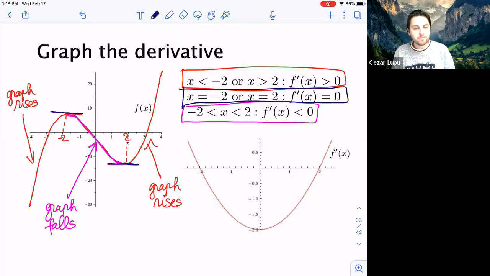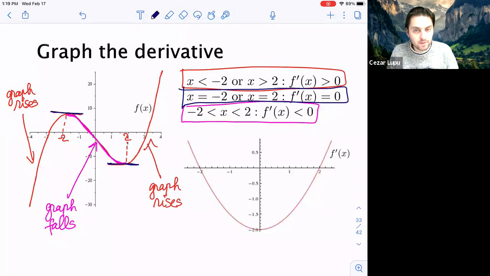So on the interval from -infinity to -2, the derivative is positive. Then between -2 and 2, the derivative is negative, and starting from 2 all the way up to infinity, it is positive again.